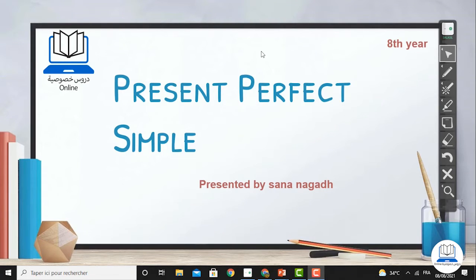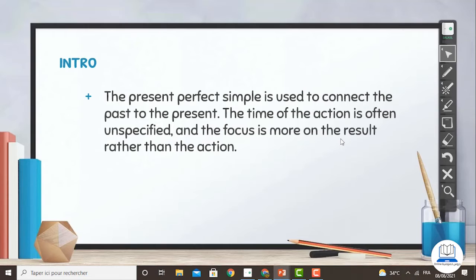So today's lesson is going to be about the present perfect simple. So let's get started. The present perfect simple is used to connect the past to the present.